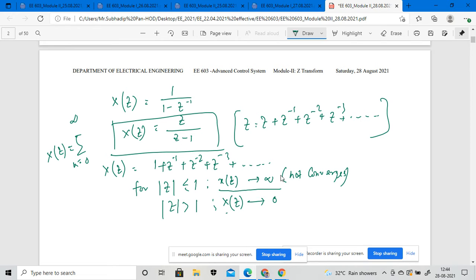If z is less than 1, then x of z tends to infinity, which does not converge. And if z is greater than or equal to 1, then x of z tends to 0, which is convergent.